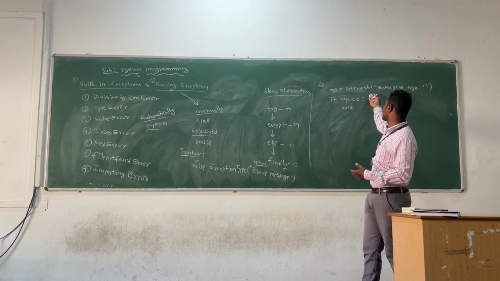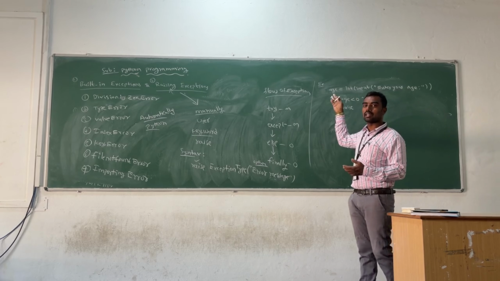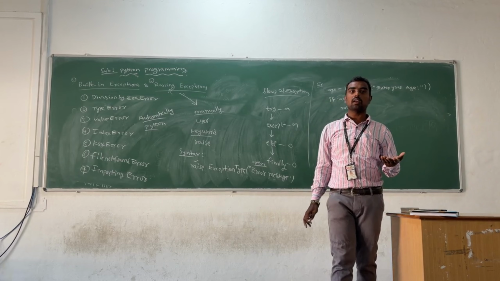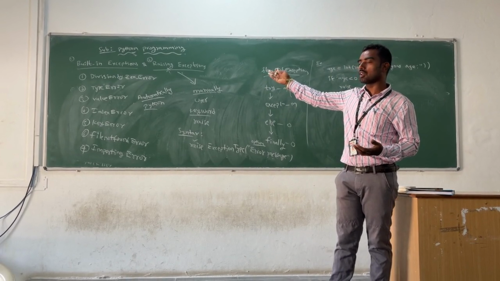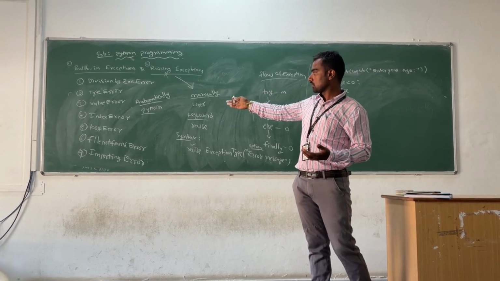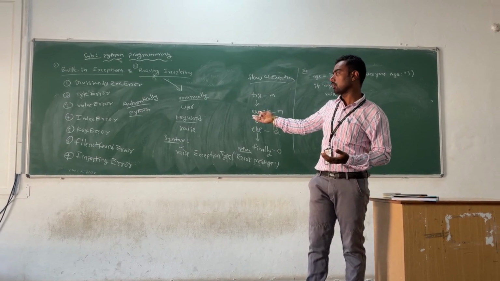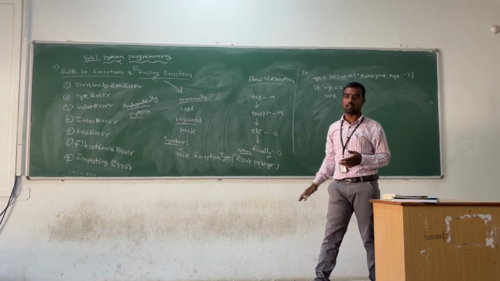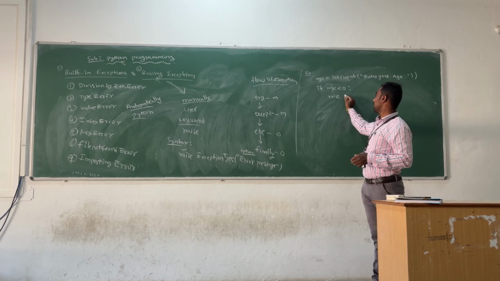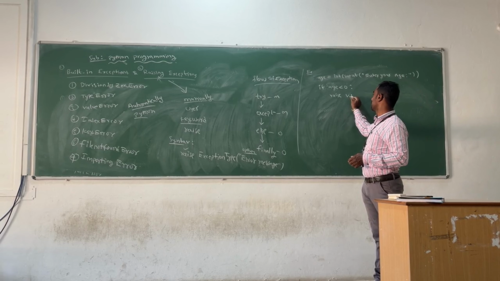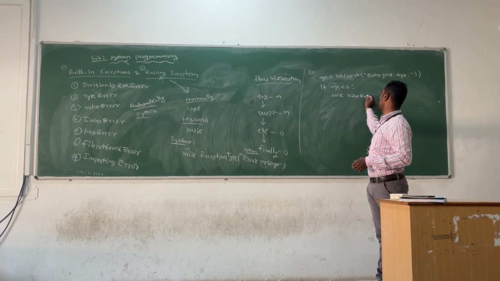What is the chance of error occurrence here? There is a chance of type error or value error. No need of generating zero division, index error, key error or file errors. Here I am continuing with the value error.